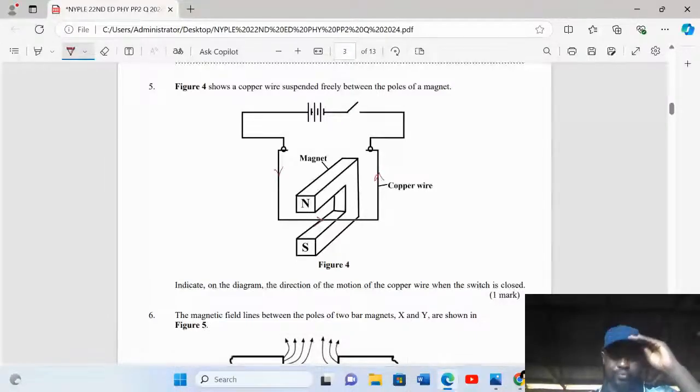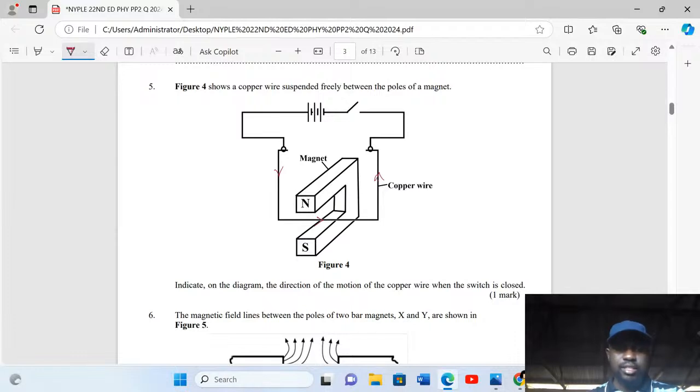From here, we'll apply the relationship between current flowing in a conductor placed within a magnetic field. In this case, you're going to use Fleming's left hand rule.